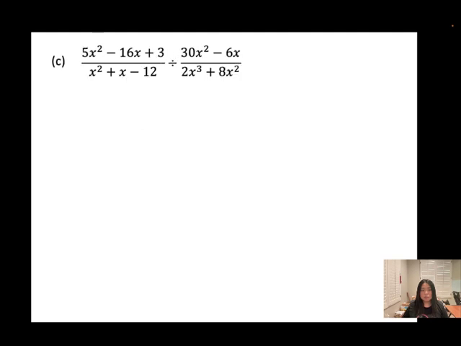Okay, see, this is a division. You're going to change to multiplication and then flip the second fraction. And also you want to factor out one by one. Try.